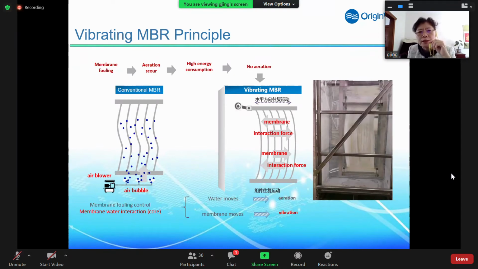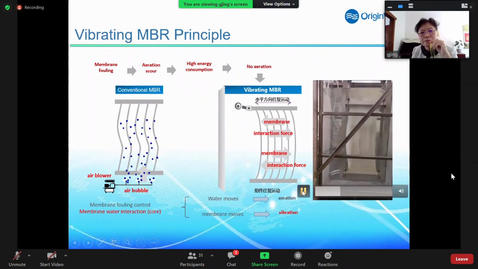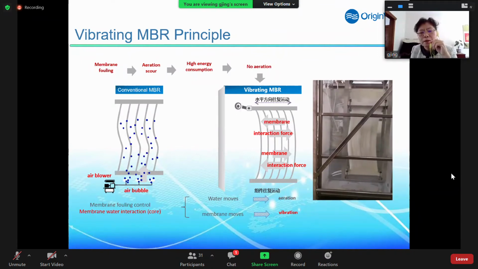We use mechanical shaking, shaking the membrane to remove the foulants or solids from the membrane surface. Here's a small video which shows how it works. So it's working very well.